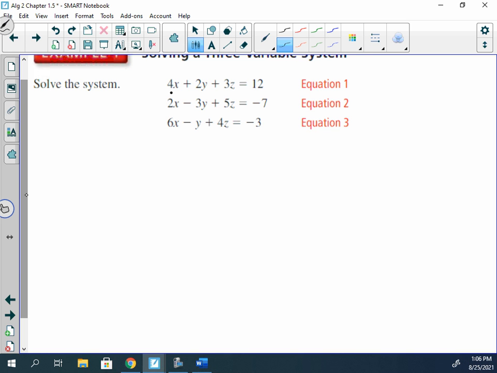It works very well. So if I were going to do this, I would pick this bottom one to be our elimination equation. We're going to use it to eliminate y out of the other two equations.